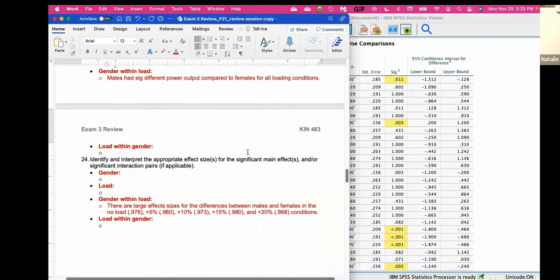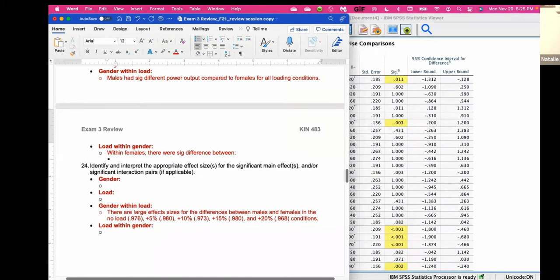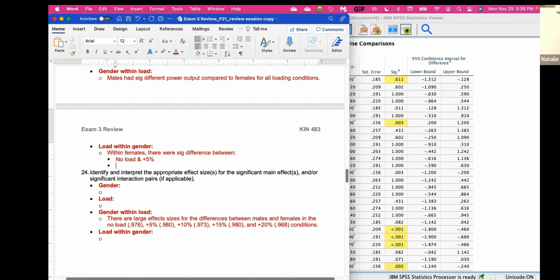The way that Juan had mentioned you could list stuff before was we could say like within females, there were significant differences between, and then we can create a list. We could say no load and plus 5%, and then 5% and what was it, 15?